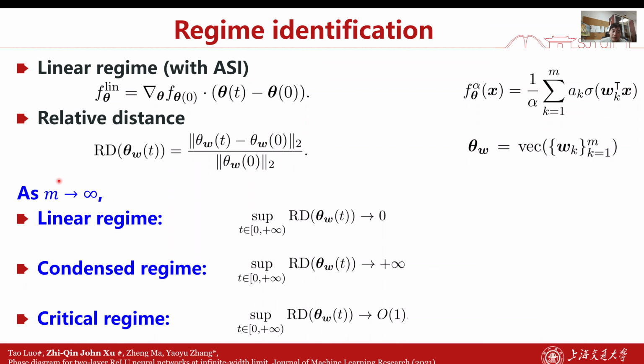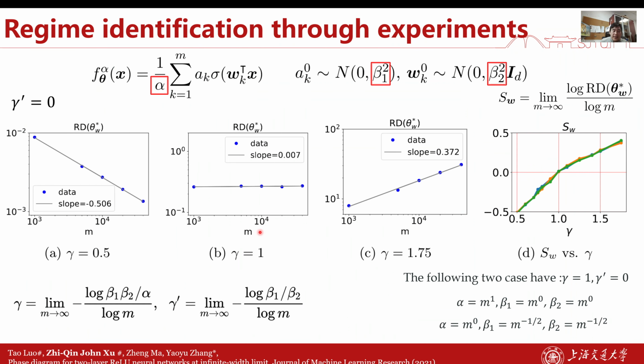When we have this infinite width limit, in the linear regime this relative distance will go to 0. In the condensed regime, this relative distance will go to infinity. And there is a critical regime where this distance stays at order 1. Here's an example from our study of two-layer neural networks.